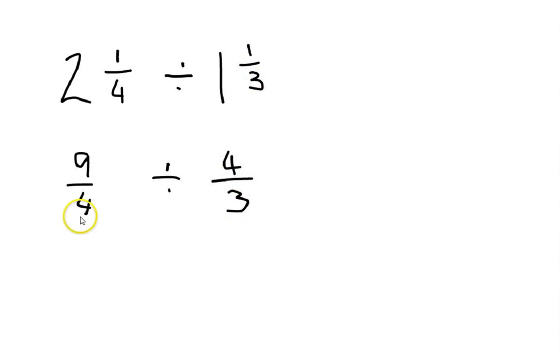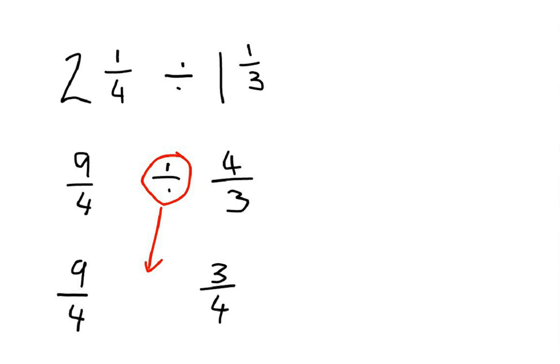Now what we have is an example like the one we did right before this one. So we just pick up from there. So we copy out the first fraction again, 9/4, and the second fraction, this one here, 4/3, gets flipped upside down to become 3/4. And then of course our divide sign comes down and is turned into a multiply.